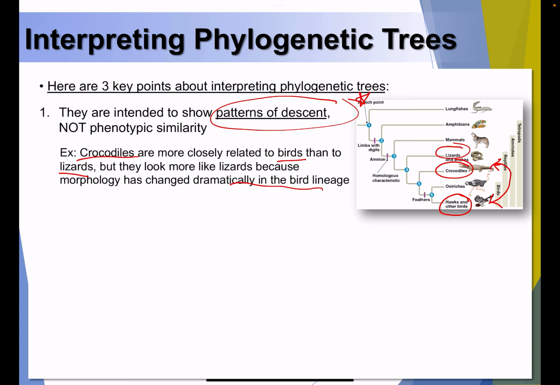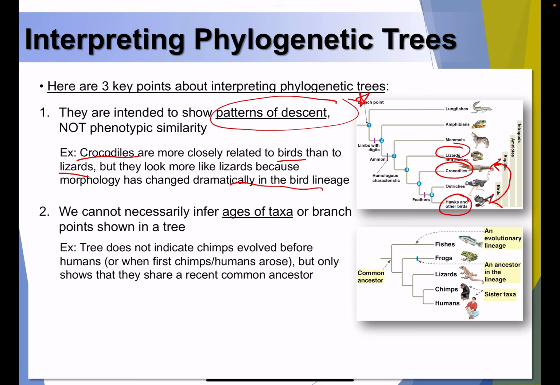For phylogenetic trees, we're purely looking at what designates this particular lineage as having diverged to become that, etc. Sometimes it's traits, and not only just structure. Sometimes it's genetics, DNA sequences, which we'll talk about a little bit later.